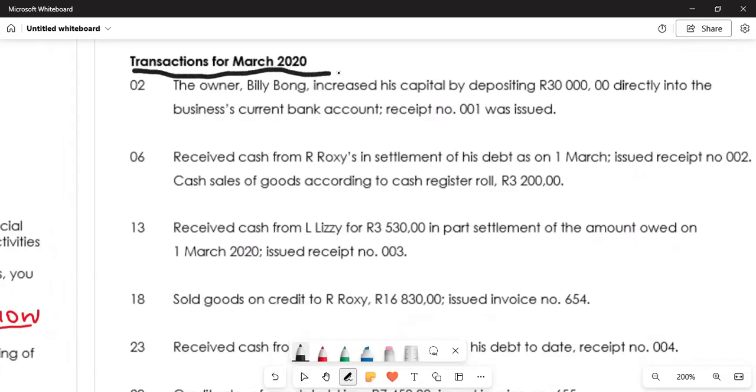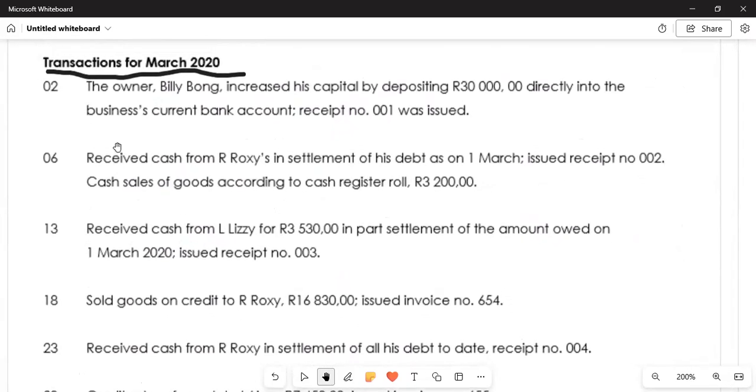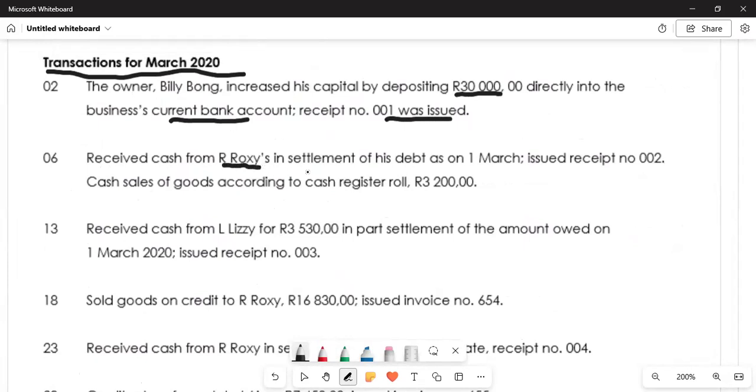Moving on to the transactions for March 2020. They read as follows. On the 2nd, the owner, Billy Bong, increased his capital by depositing 30,000 directly into the business current bank account, and receipt number 001 was issued. On the 6th, received cash from Roxy in settlement of his debt as on 1st March, and issued receipt number 002.